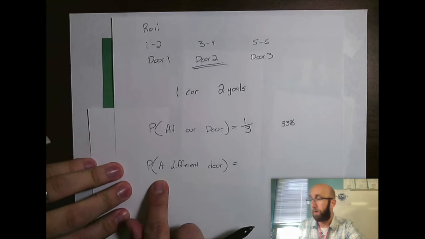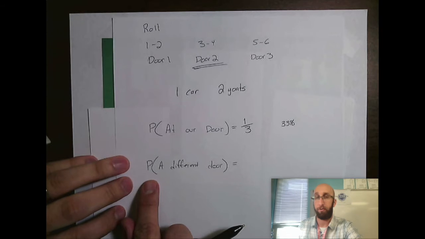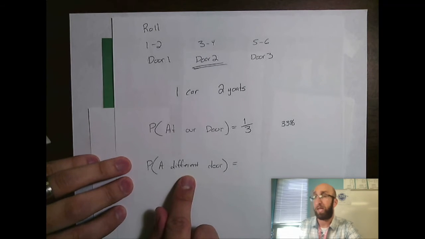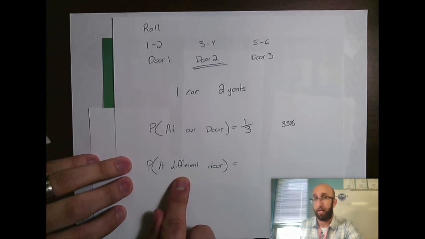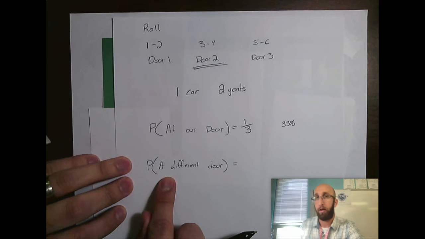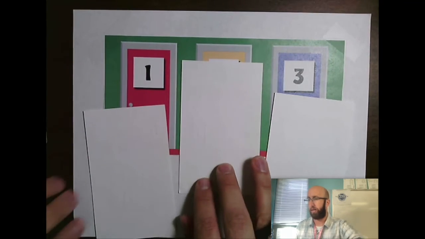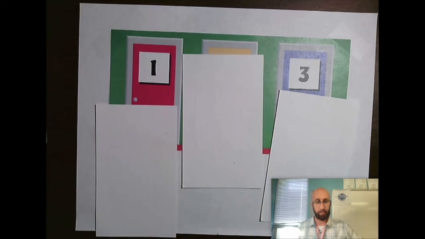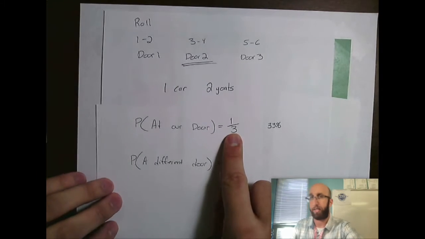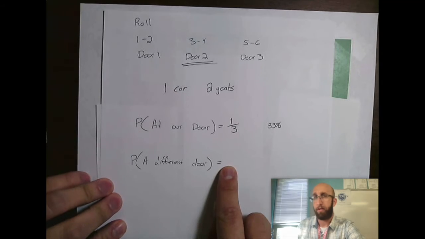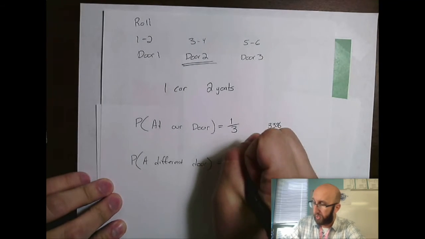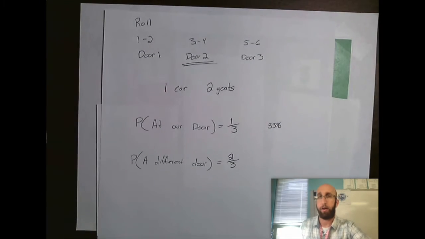Let's figure out this other probability. What's the probability that it's at a different door? I don't care specifically where it's at. If there's a 1 in 3 chance that it's our door, the chance that it's at a different door is 2 out of 3. And why does this work?